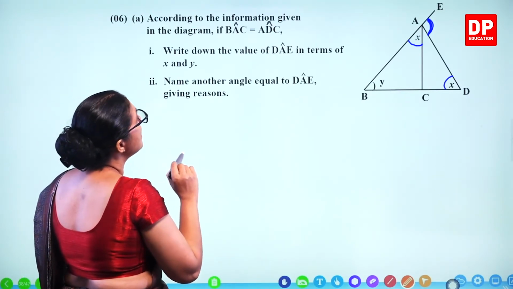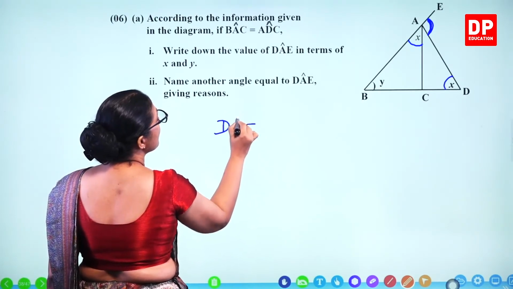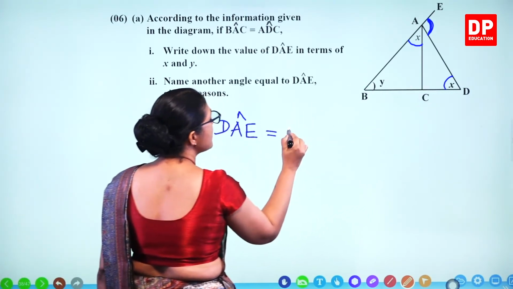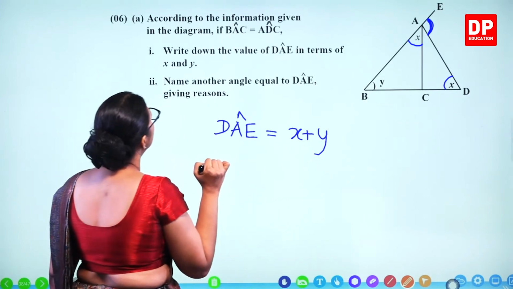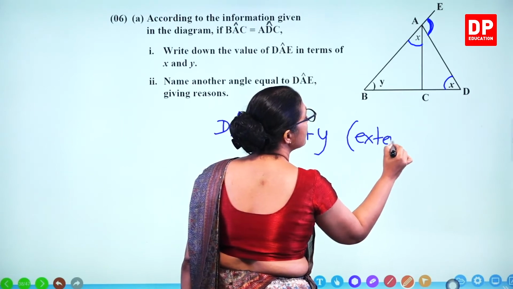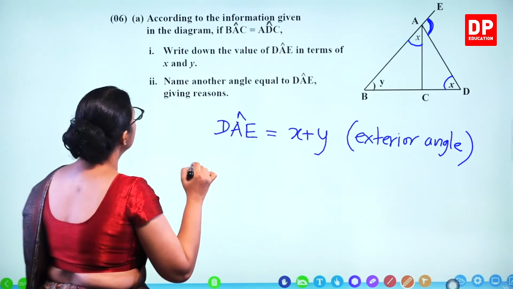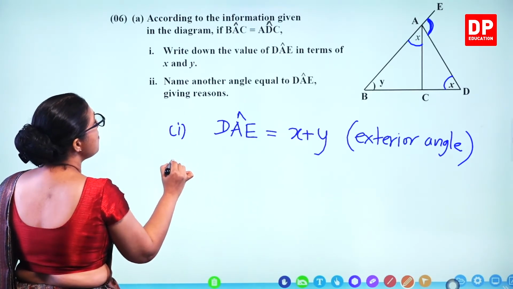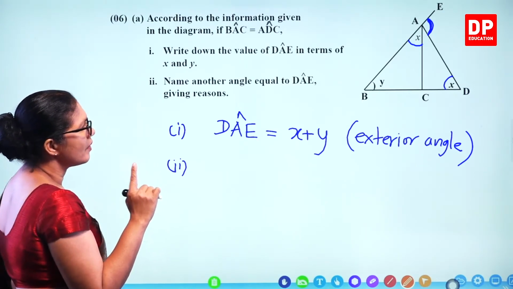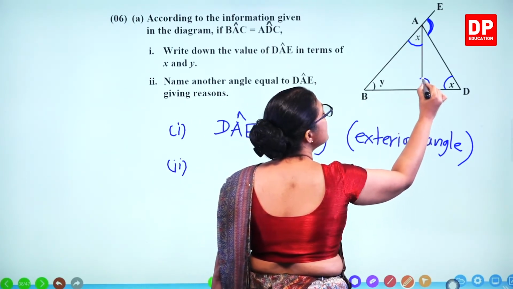So DAE is equal to the sum of the interior angles, x plus y. So we can write that's because of exterior angle. Then name another angle equal to DAE. Look at it carefully. ABC triangle, this is x and y. So what is this angle?